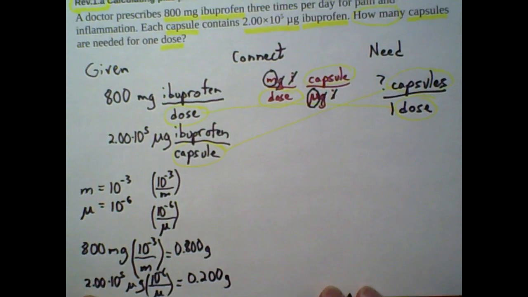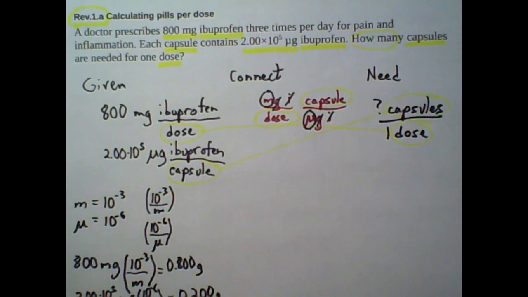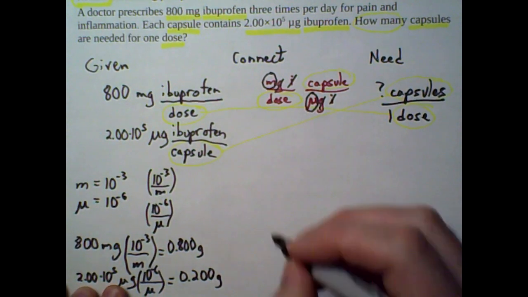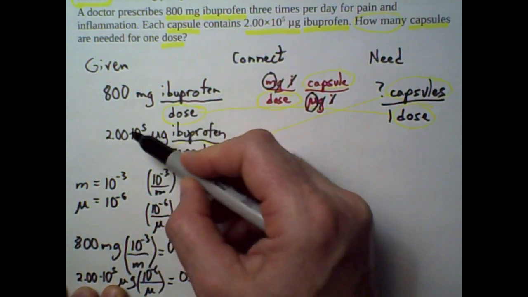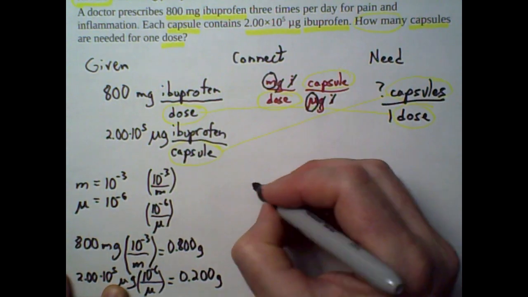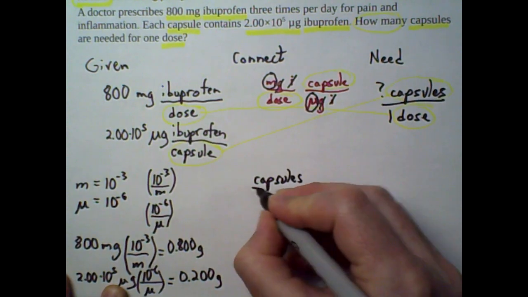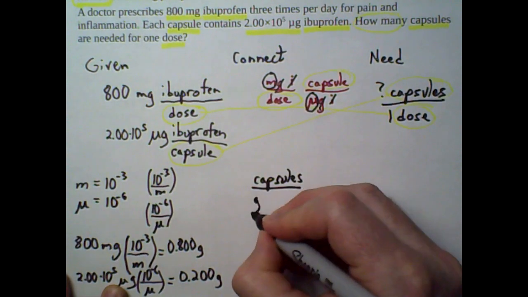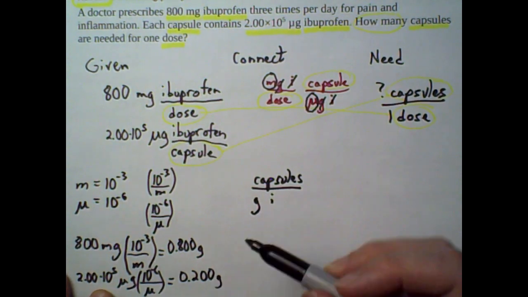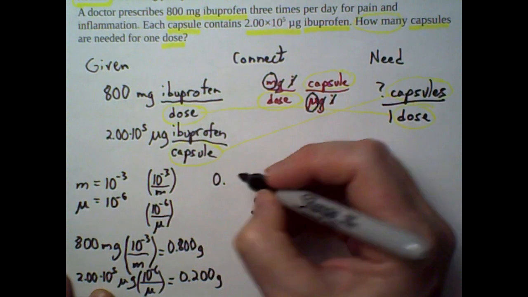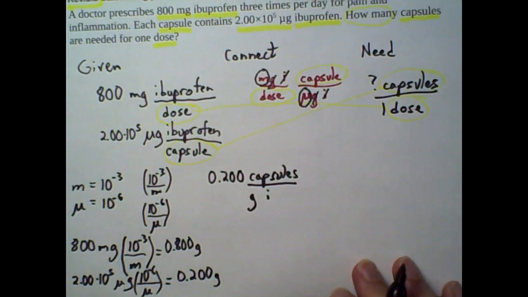Let's take those back up and use them in my solution. I want to invert this number here. So it becomes capsules over grams of ibuprofen, and my number from down here, 0.200 capsules provide 1 gram of ibuprofen.